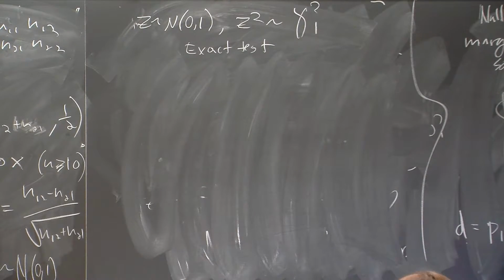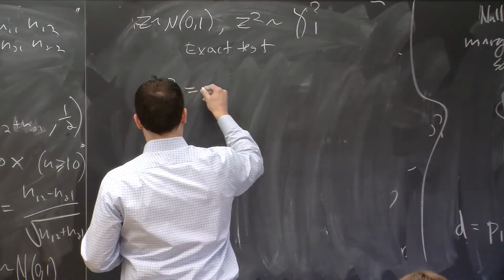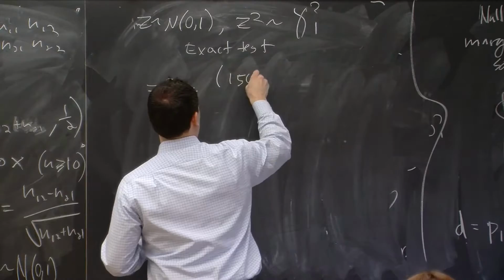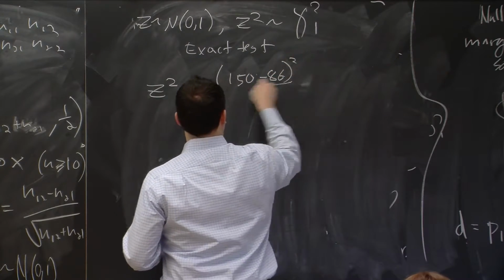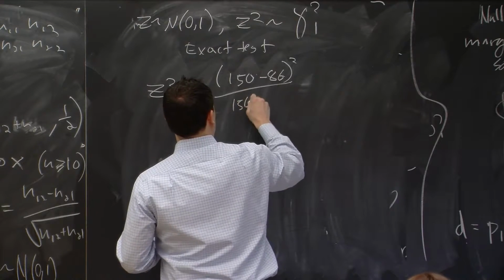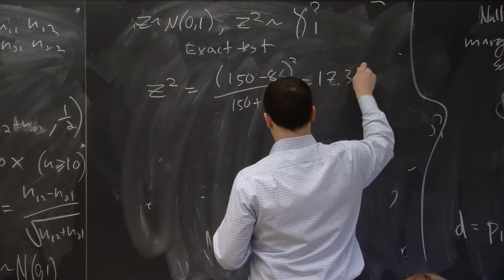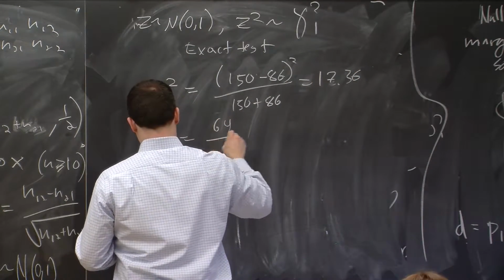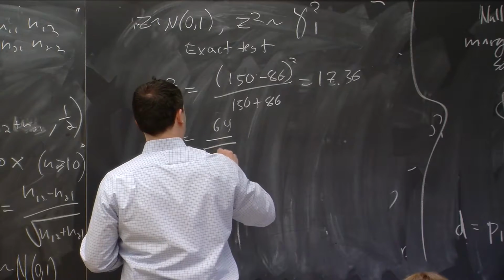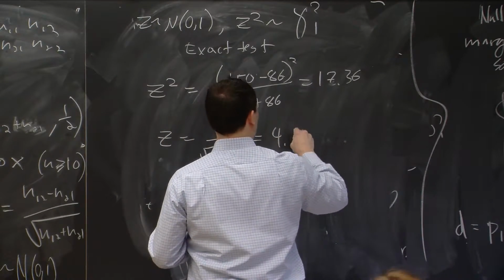So plugging in the numbers from our example, z squared: I just use the off-diagonal numbers, 150 minus 86, squared, divided by 150 plus 86, is 17.36. And z would be 64 over the square root of 150 plus 86, which is about 4.16.